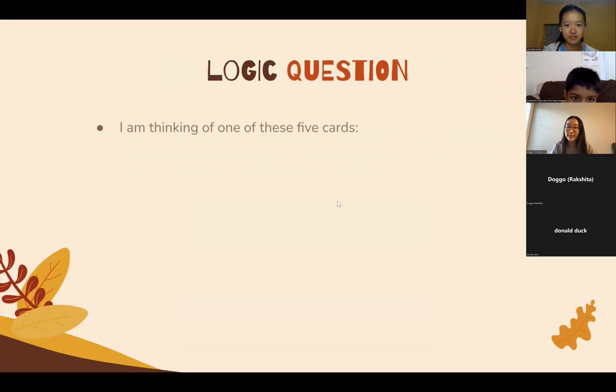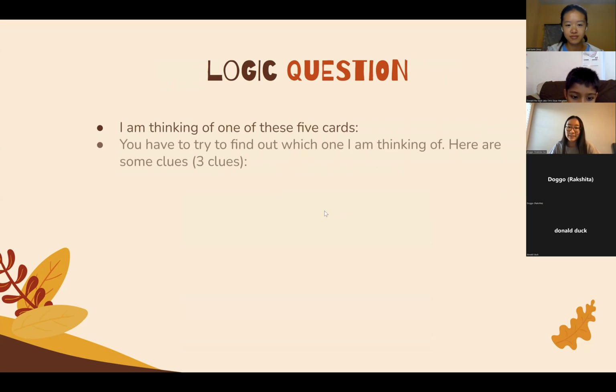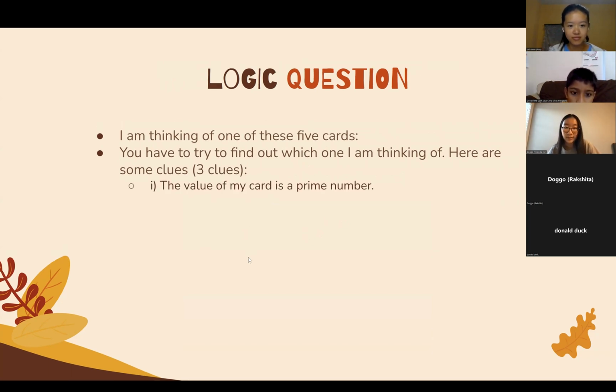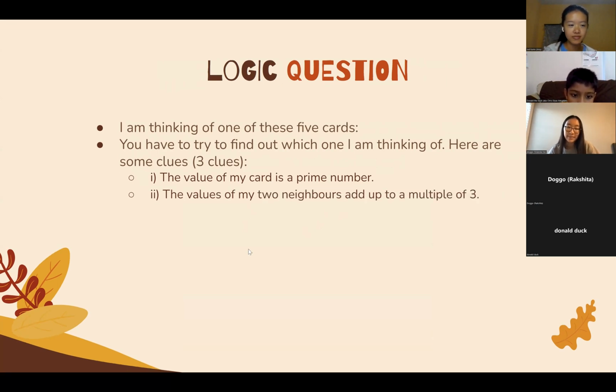All right, so the question says, I am thinking of one of these 5 cards. You'll see the 5 cards in a second, and you have to figure out which card is being thought of. You have 3 clues. First of all, the value of the card is a prime number. Secondly, the values of the 2 neighboring cards add up to a multiple of 3.